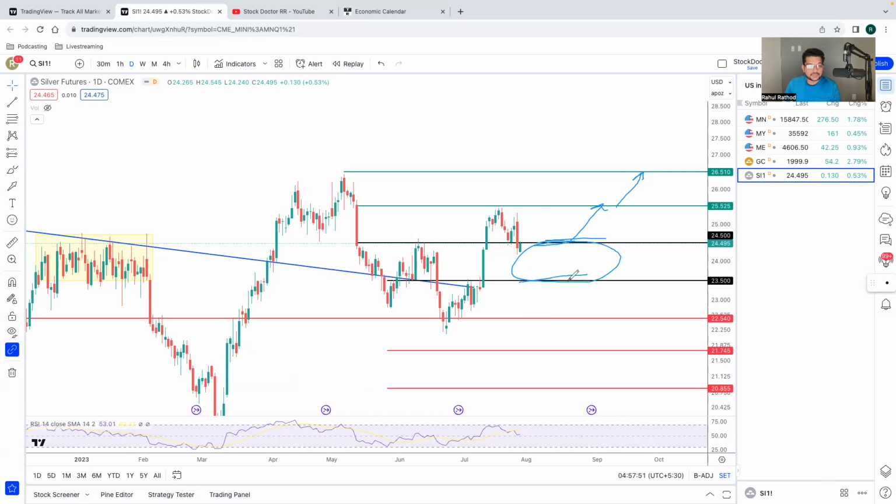If it stays below 23.50, below the lower end of the area, then 22.50, 21.75, and the third target is 20.85. So for silver also I am bullish. In the long term it should stay near 30 to 32 zone. So this was all about today, my friends.